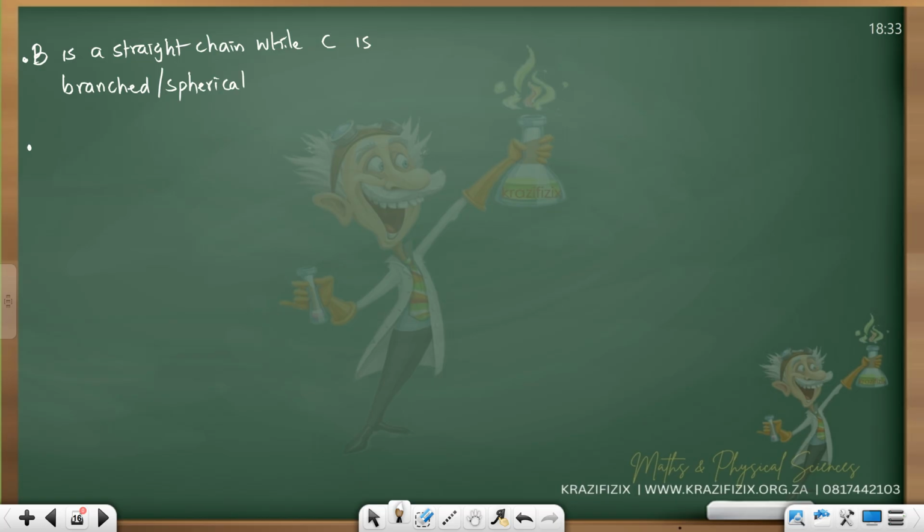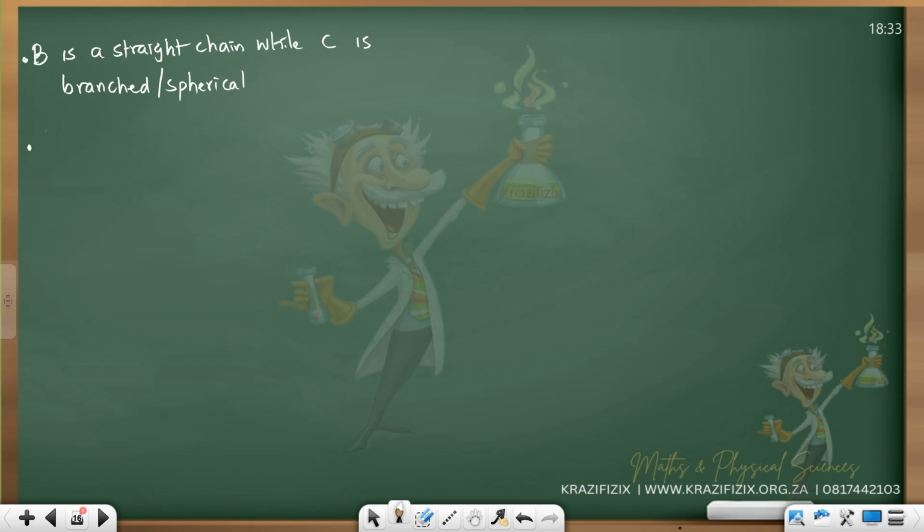Because now we can talk about the energy required. Although they have the same type of intermolecular force, the branching reduces it.